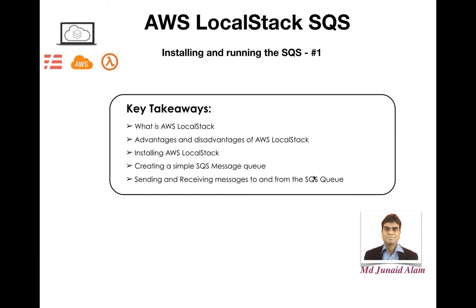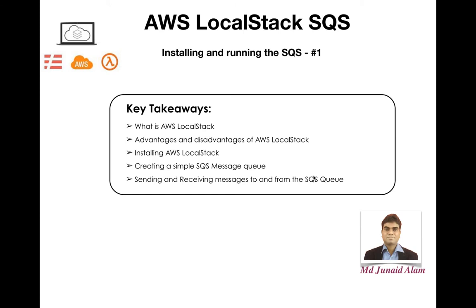So if as a developer or as an architect, I want to test some application on the cloud, or some kind of application integrating with the cloud, then I have to take a subscription, or I can even take the trial version. That way also I can test it. But LocalStack has come up with the concept of having a replica or mirror copy of the cloud stack, which you can run locally.